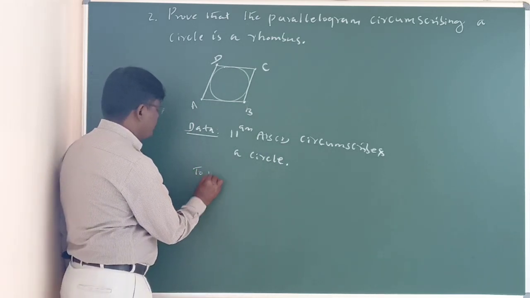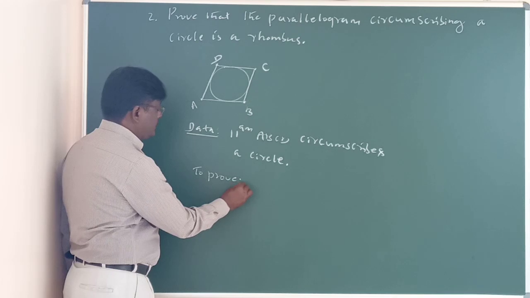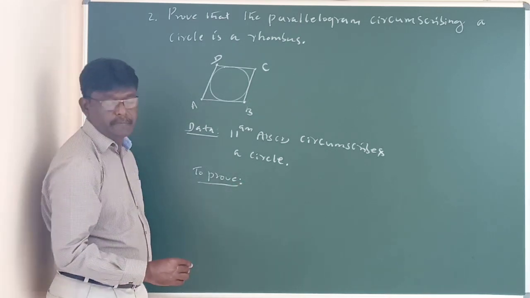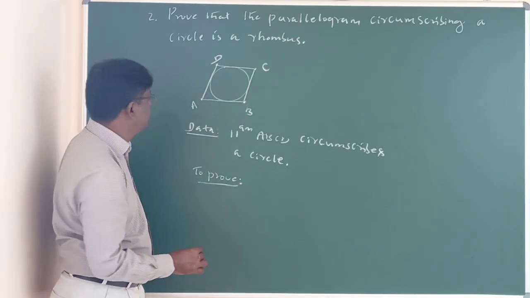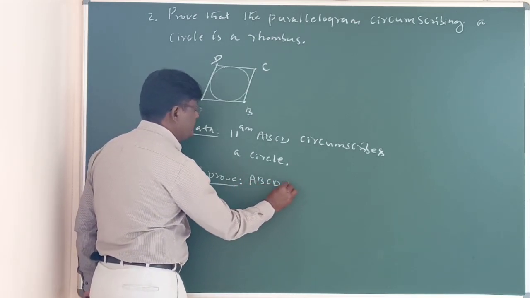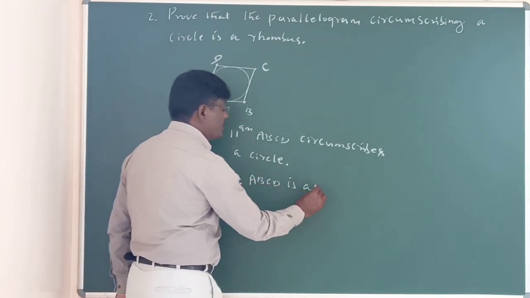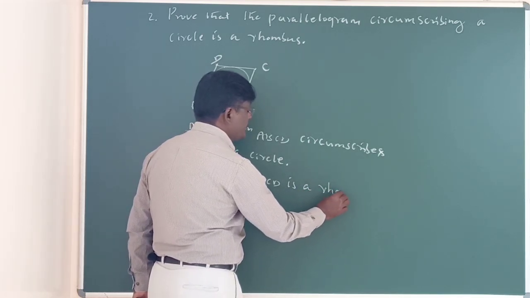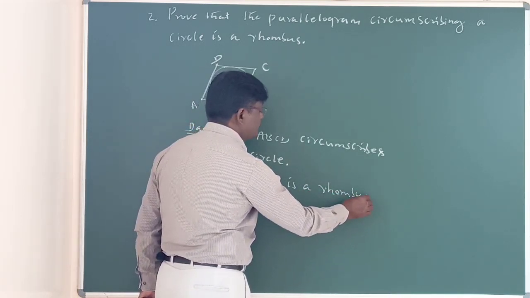To prove that a parallelogram which circumscribes a circle is a rhombus, what do we have to prove? ABCD is a rhombus.